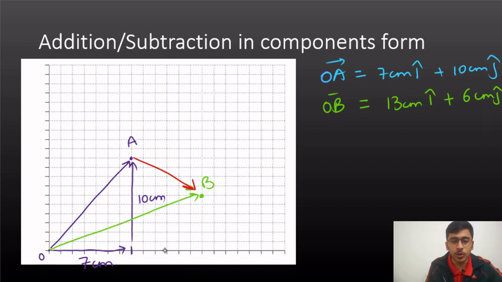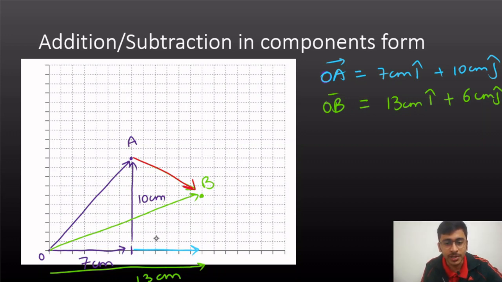So essentially this is 7 centimeters, and this is 13 centimeters. So AB vector has this much distance yet to cover on the x-axis, this blue vector, and this is nothing but how much? This 13 minus 7. So 13 minus 7 gives us 6 centimeters in I cap, correct?